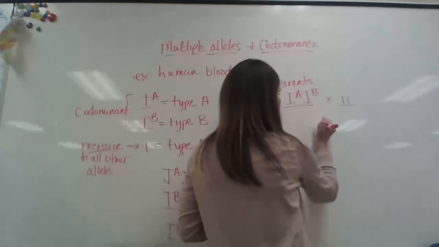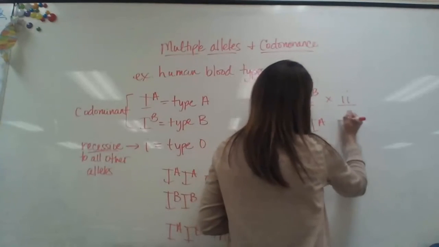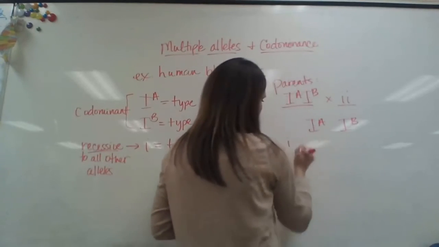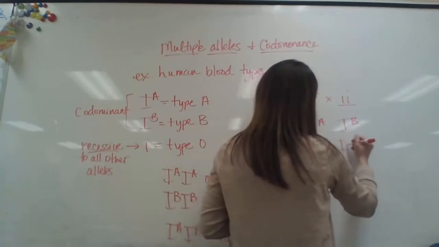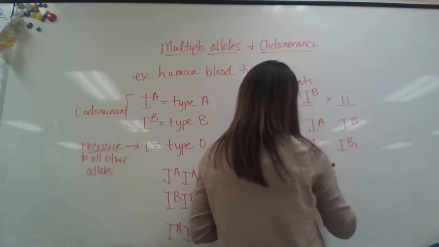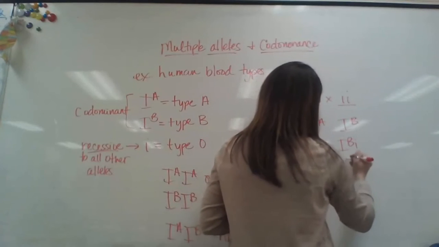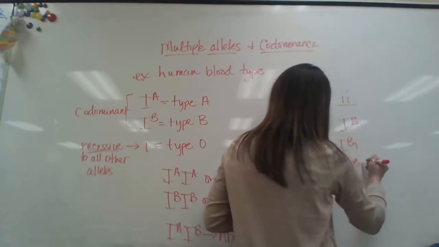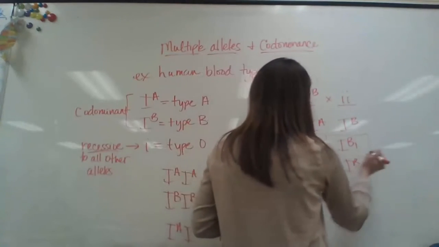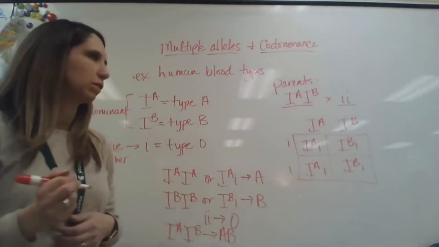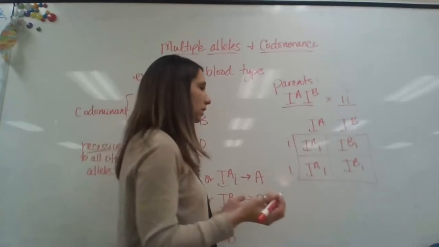So if I set up a Punnett square for that, with those alleles separated here, my resulting genotypes and phenotypes, I'm really only going to get 2 different options. So if parents are AB and O, there's really only 2 options in terms of what type of offspring they could create.